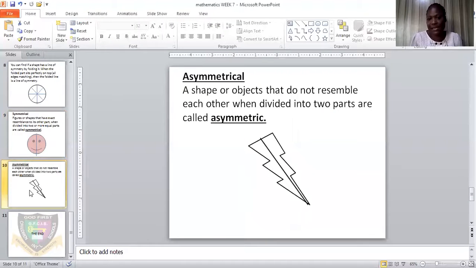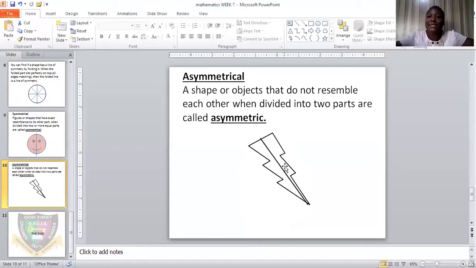Asymmetrical objects. A shape or object that do not resemble each other when divided into 2 parts are called asymmetric. Can you see this object? By the time we divide this object into 2, you will see that this part is larger than this other part.